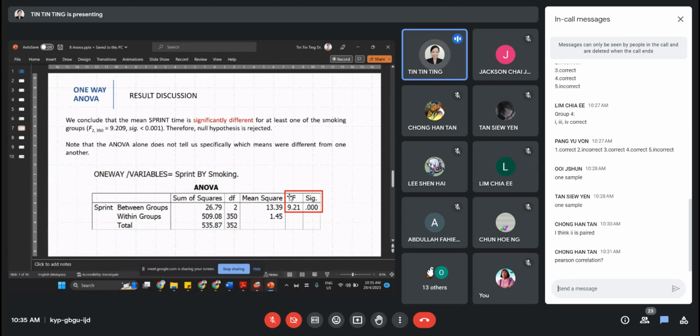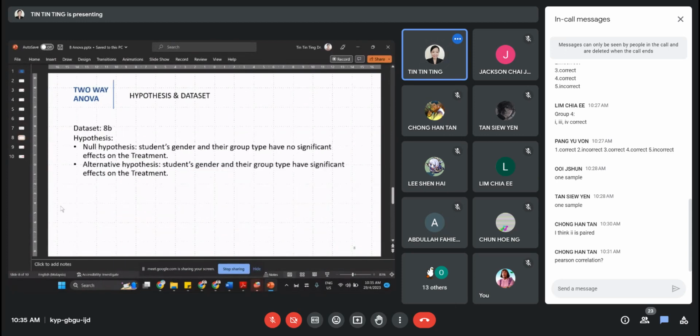Then only it is significant. The difference between the groups is significant. That's one-way. Okay, now two-way ANOVA.